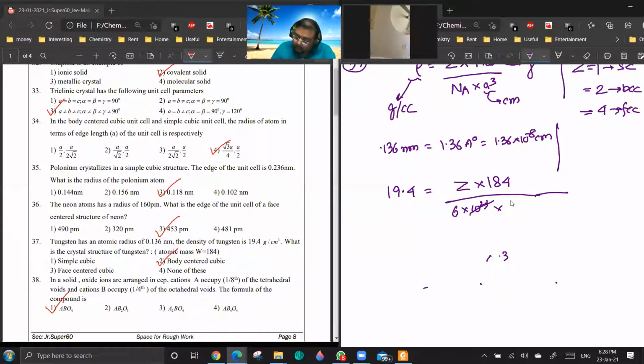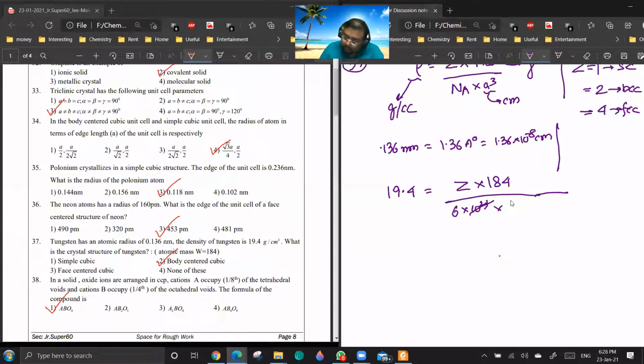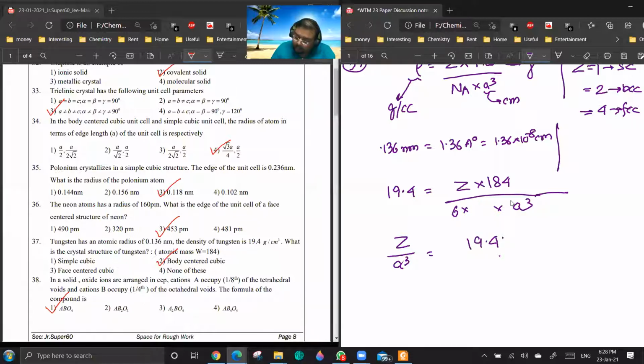Okay, so let us write it as Z by a cube. From this I can get the value of Z by a cube as 19.4 into 6 into 123.